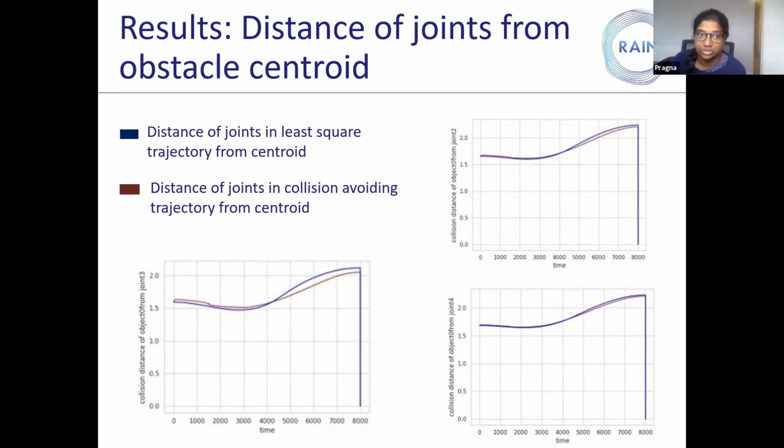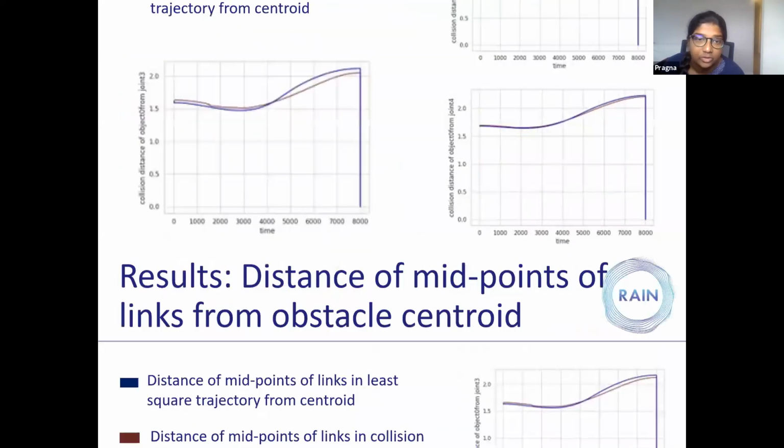So this result shows that the Z, which is the gradient of the cost of collision, is actually driving the IK away from the centroid. That's why the distance from the beginning is more than the previous distance. It's similar also in joints 2 and 4.